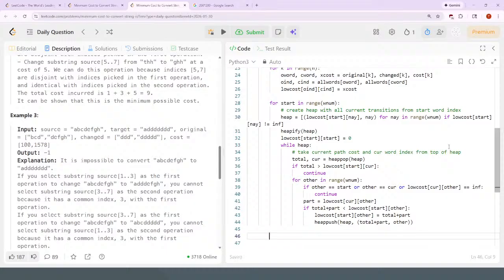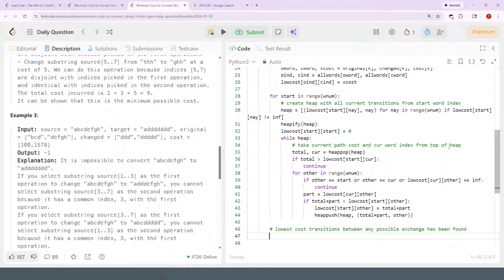Alright, at this point, lowest cost transitions between any original to any possible exchange has been found. I think that's right.